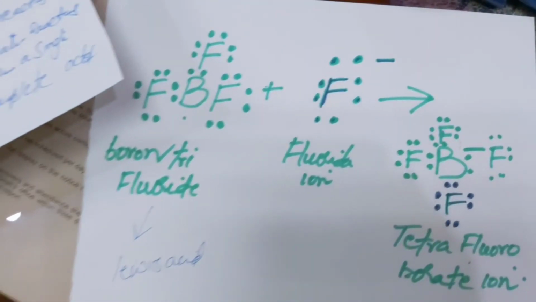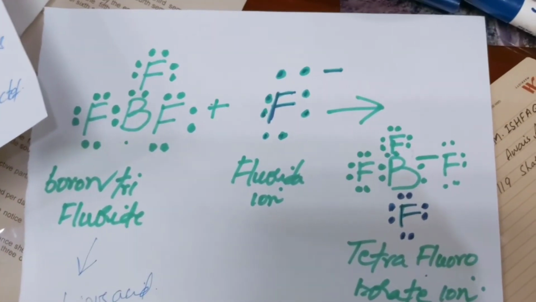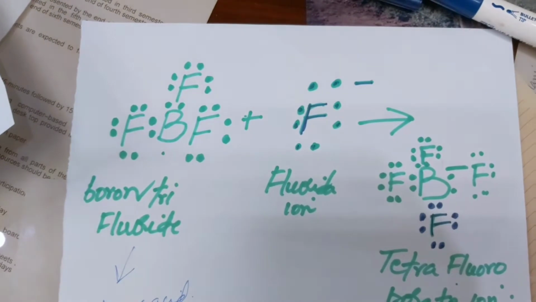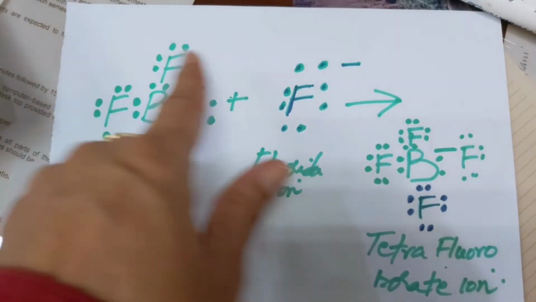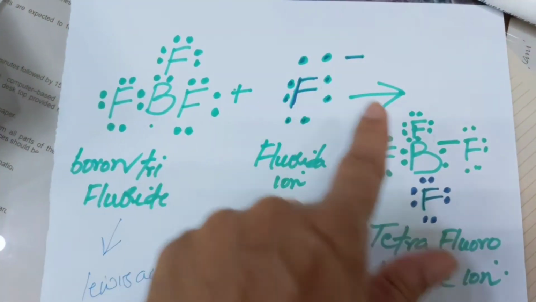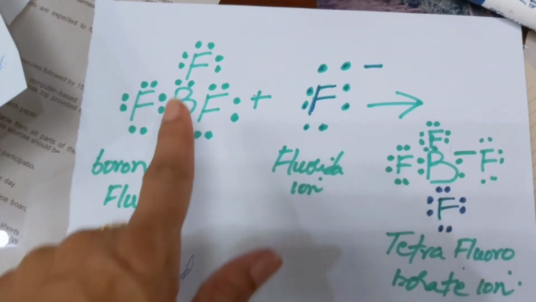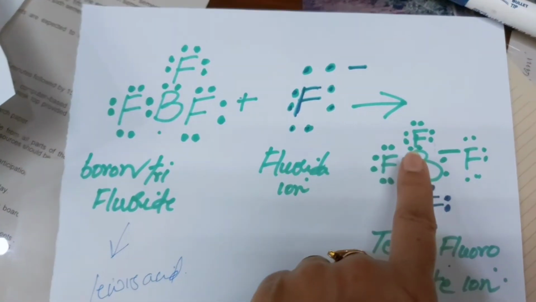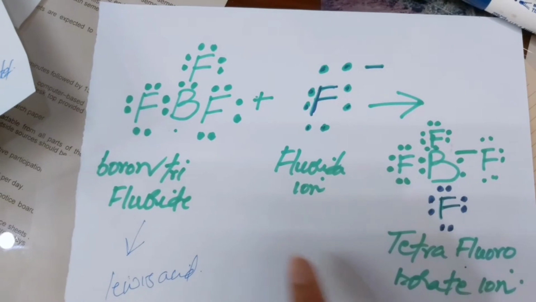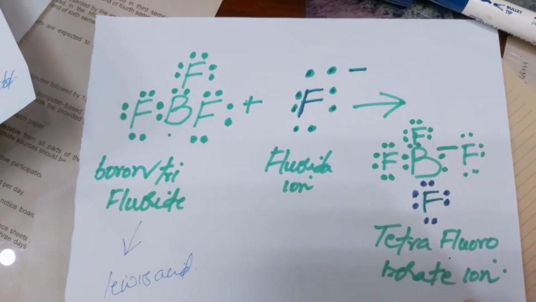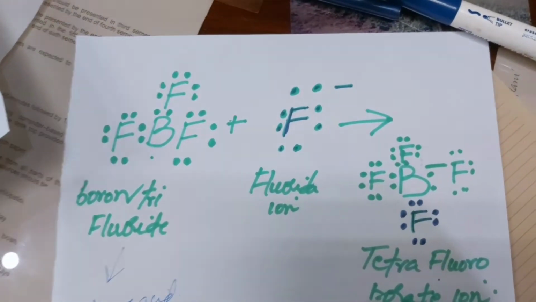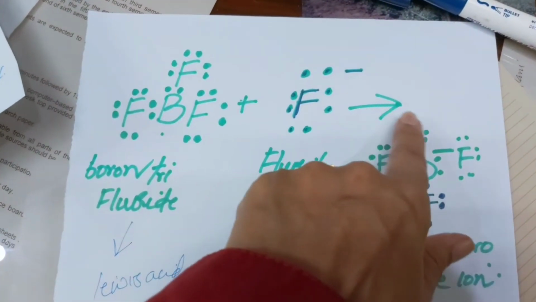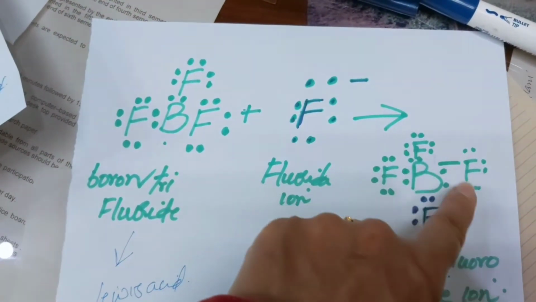Such types of reactions are simply called Lewis acid base association reactions. Now what type of reaction is this? It is called an acid base association reaction, in which a Lewis acid and a Lewis base add up to form a single product, with each atom having a complete octet, right? You can see each atom has a complete octet.